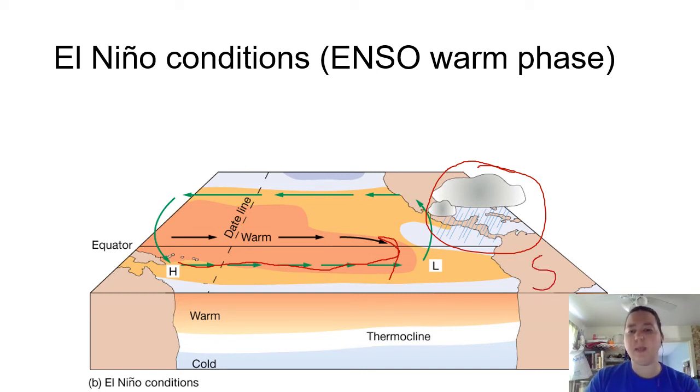So instead of this being cold water that's coming up that's full of nutrients for the food web, it's actually pushing that warmer water that's kind of been spent basically as it moves across the equator. The nutrients that were in it are being spent, and it's pushing in the other direction.